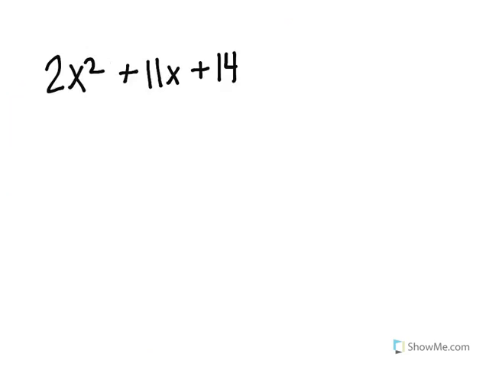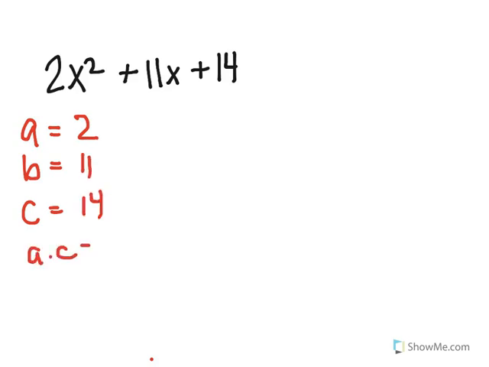Try one more. Why don't you give this one a shot? You can pause the video and try it yourself and then start back up. Okay, so A, B, and C. 2, 11, 14.